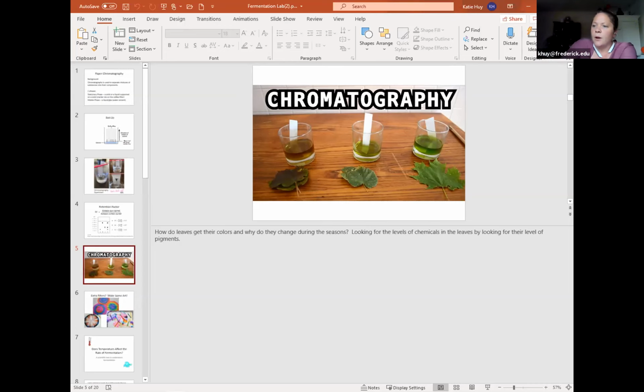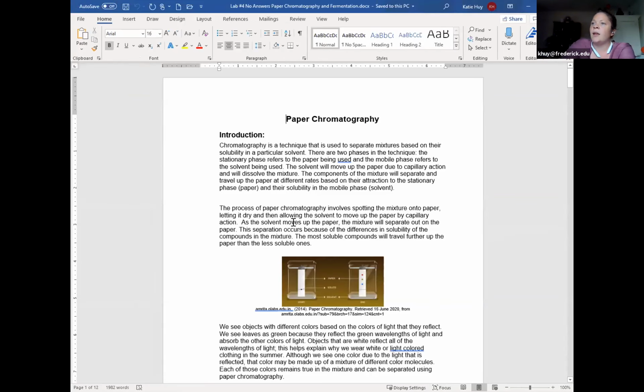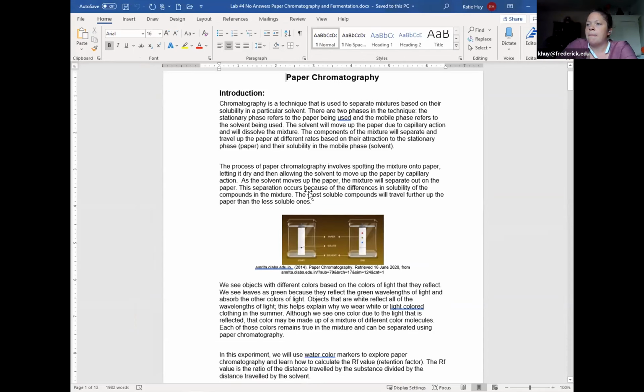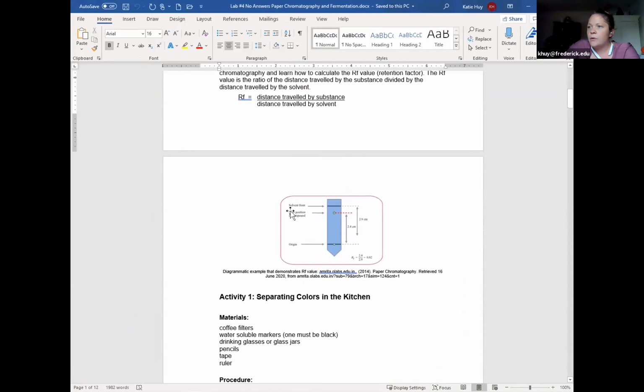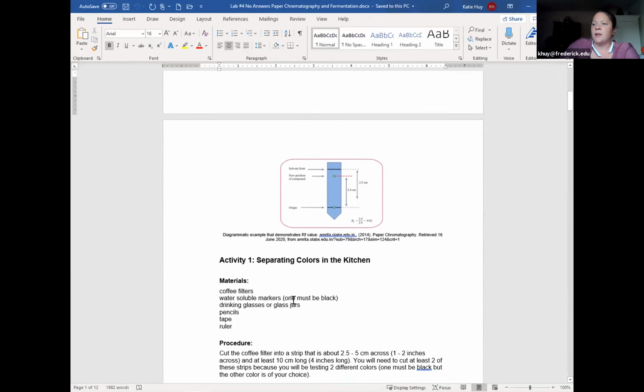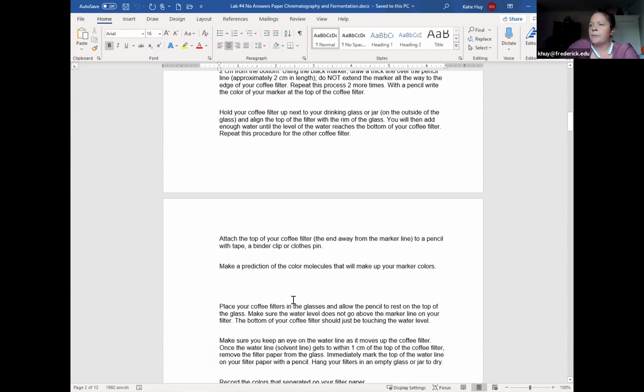Okay, so I'm going to take us back to the lab itself. This is your lab manual, you're following through. Here's your retention factor. Here's the part that you're doing, your kitchen lab.